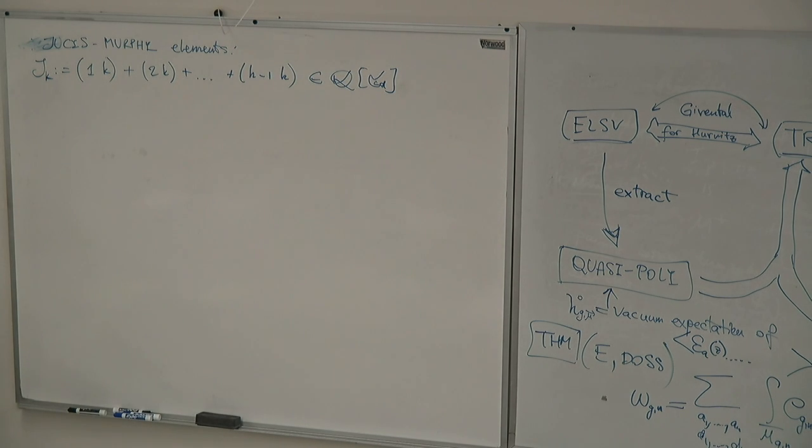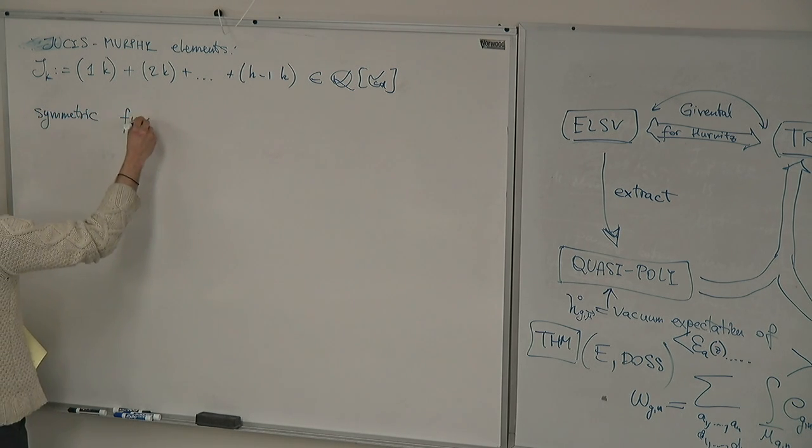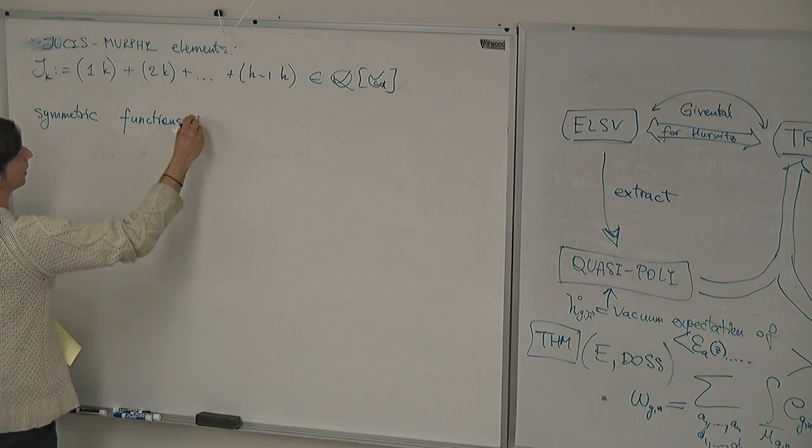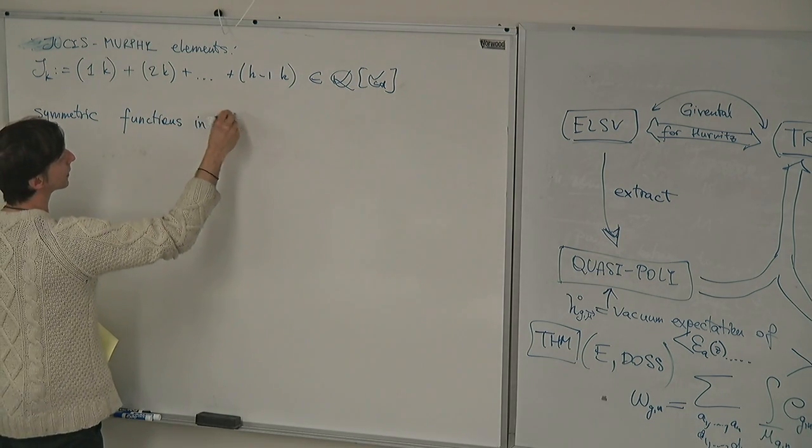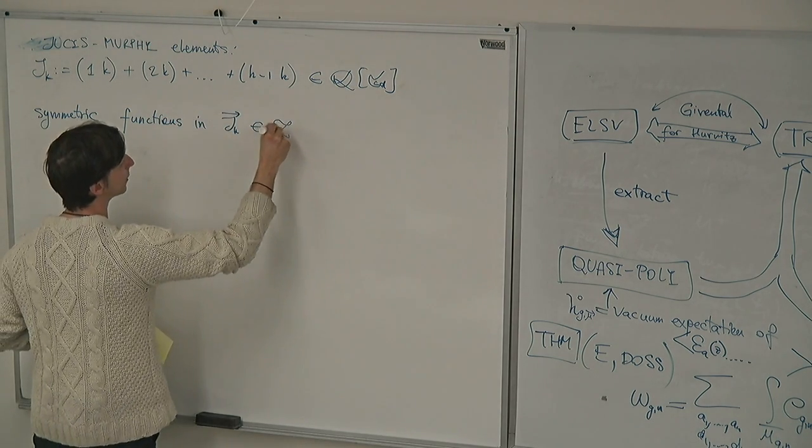Okay? And then actually, if you look at all these elements, they span a maximal commutative subalgebra, but no, not of the center, sorry. But if you want them to lie in the center, then you have to consider symmetric functions in Jucys-Murphy elements, then they belong to the center.